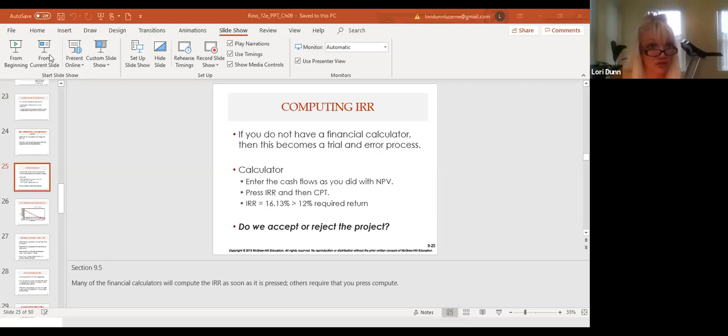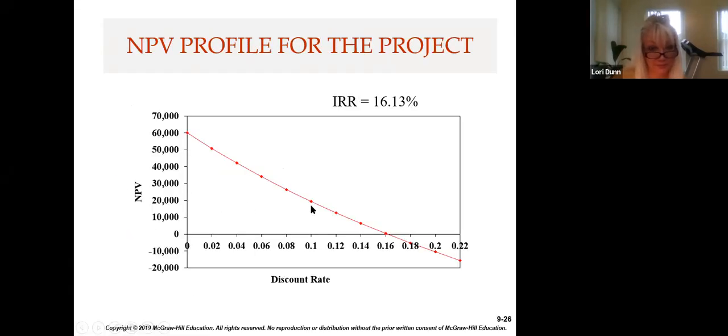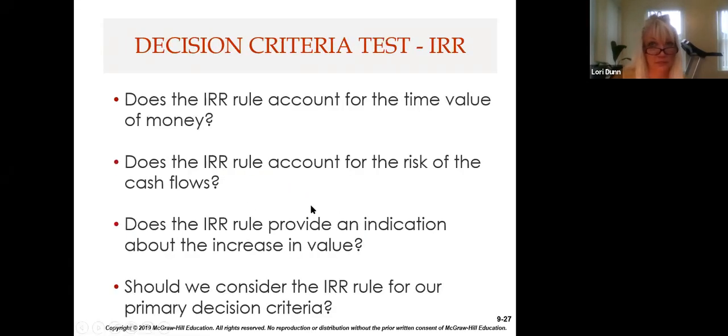So I'm back to my slideshow, and we looked at this the other day. Internal rate of return does answer all of the major questions when we are trying to make a decision about a project. Does it account for time value of money?